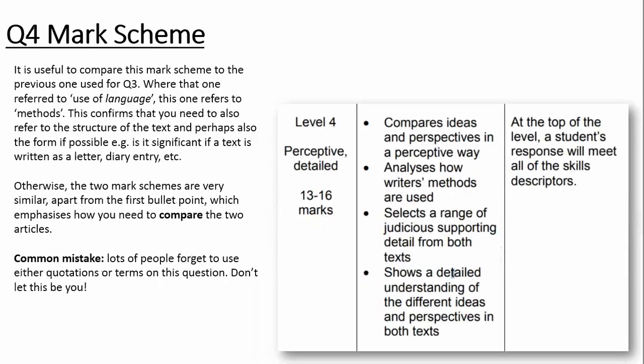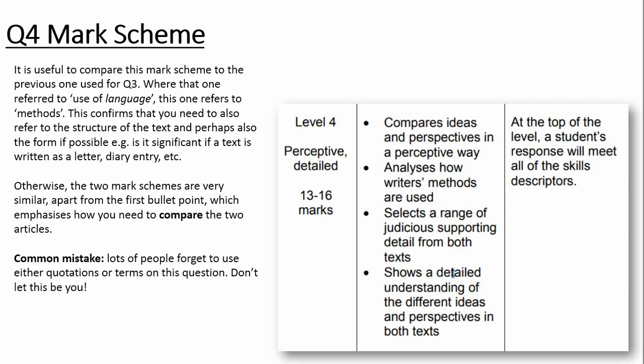Now, in terms of the mark scheme then, I have mentioned a few things that are worth talking about. Apologies if I read this, but I think it's quite significant. It is useful to compare this mark scheme to the previous one for question 3, where that one referred to use of language, this one refers to methods.